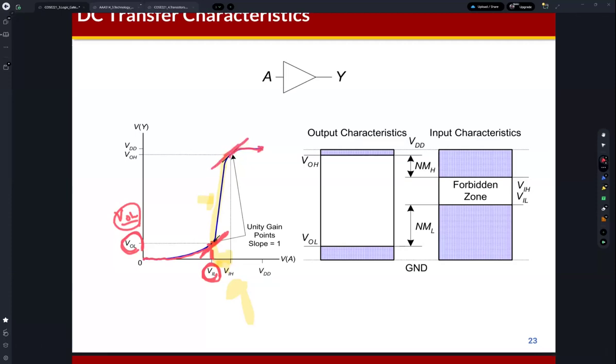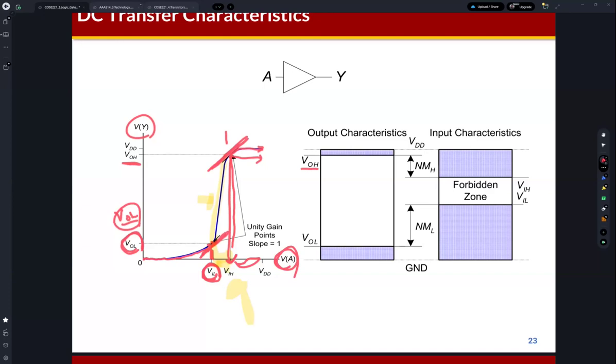And then if you see this buffer, the slope is 1, then it's saturated. So we can say that this is the output. So this is the VOH. And then if we check the x value at this point, this is some allowable input.